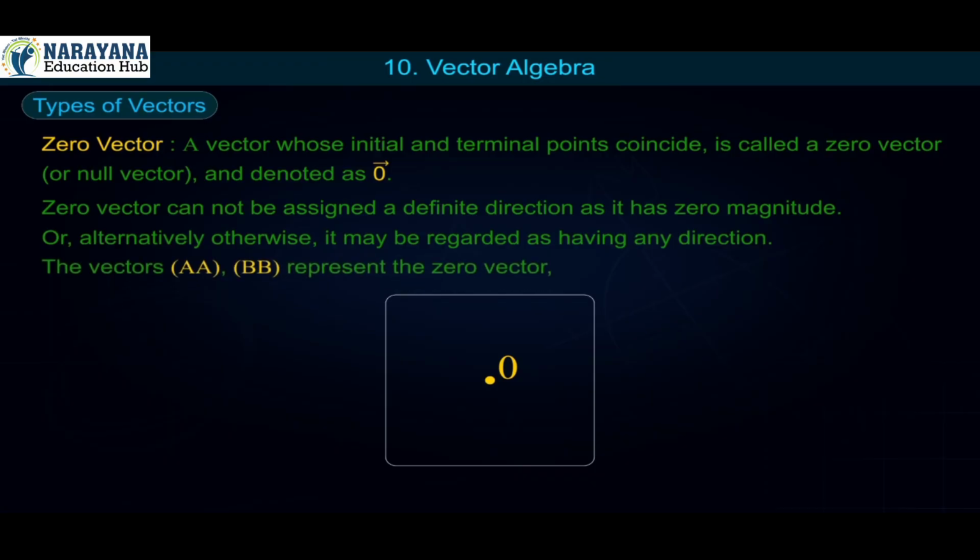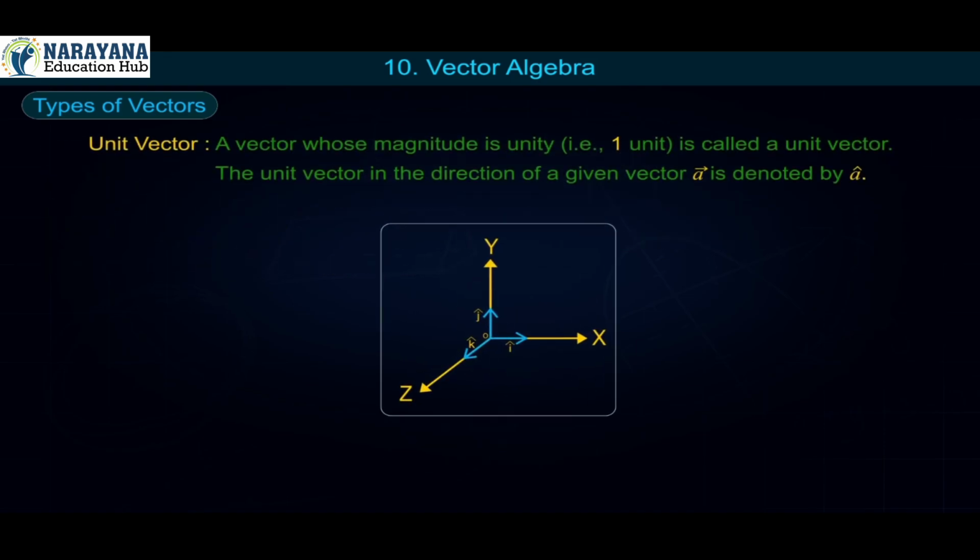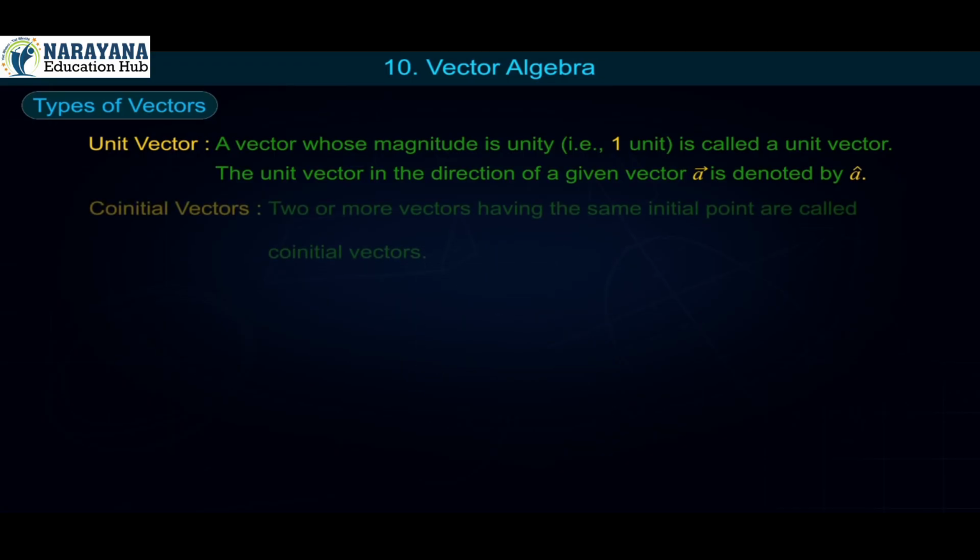The vectors AA, BB represent the zero vector. Unit vector. A vector whose magnitude is unity, that is 1 unit, is called a unit vector. The unit vector in the direction of a given vector a is denoted by a cap.